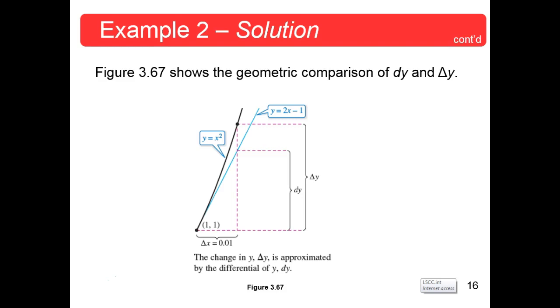Here's the tangent line. This is what your approximation is, 2x minus 1. That's the slope of your tangent line. That is the equation of the tangent line.